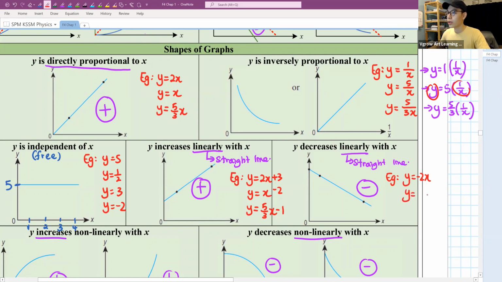Or y equals negative 5x plus 2, or y equals negative 3x minus 7. Important thing is the gradient is negative. We already learned for all the curves and lines, if it slants, which way is positive and which way is negative. I like to think of the letter A. Here positive, here negative.